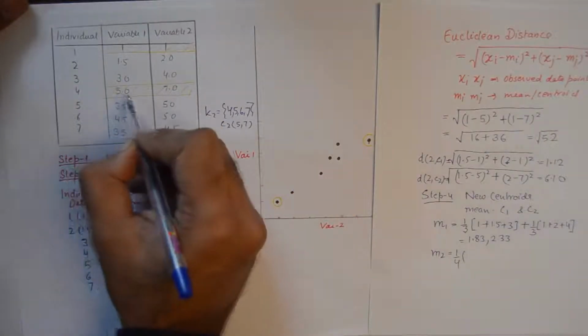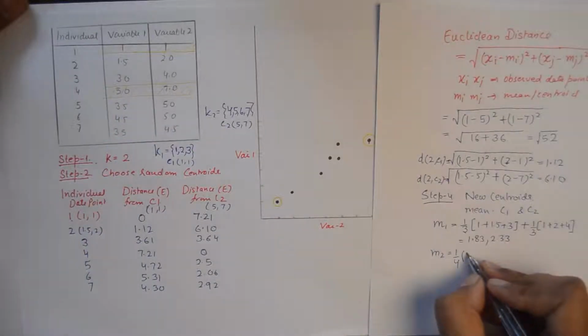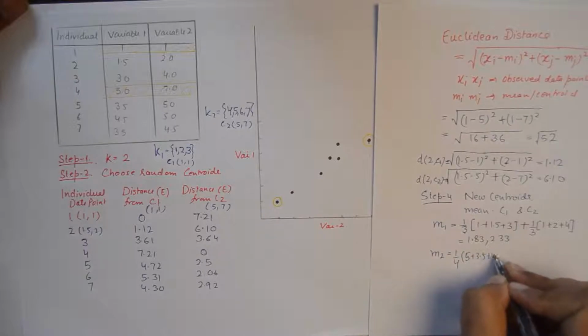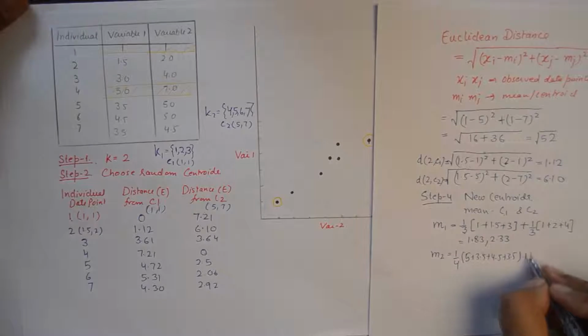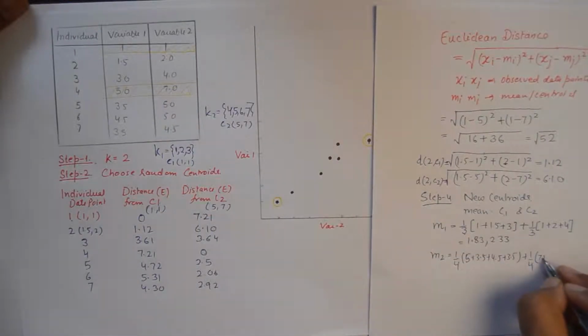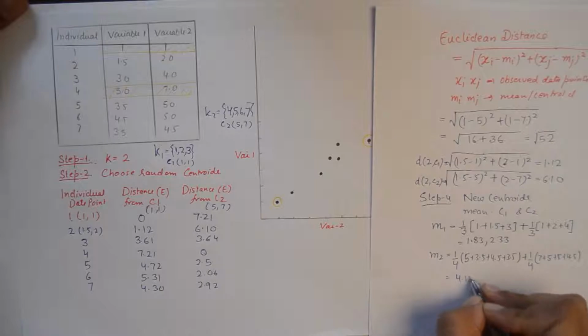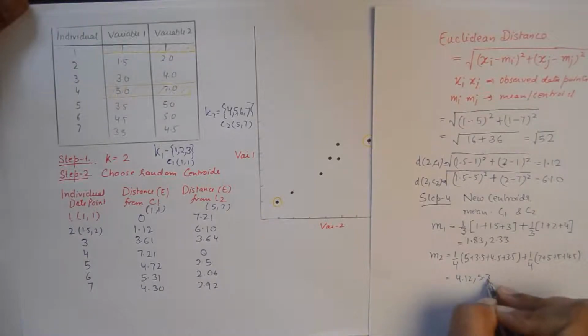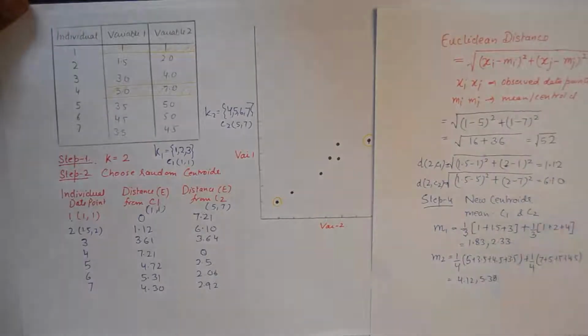So the first coordinate is added first, 5, 3.5, 4.5 and 3.5: 5 plus 3.5 plus 4.5 plus 3.5 divided by 4, and then again the second coordinate 7 plus 5 plus 5 plus 4.5. So I get this as 4.12, 5.38.